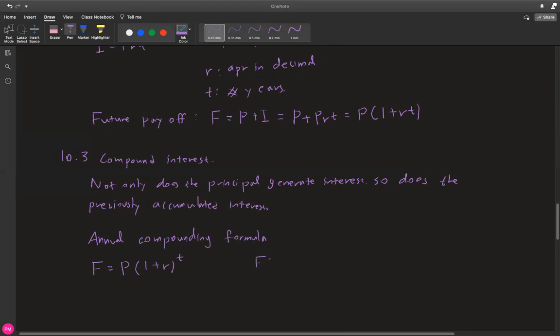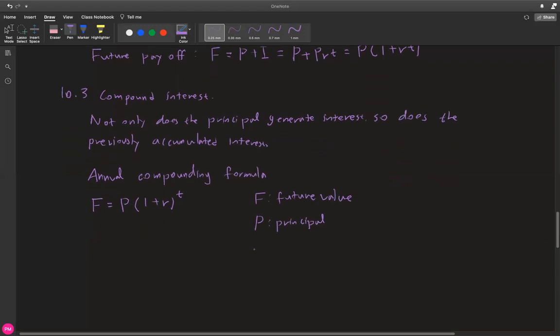Here, f is the future value, p is the principal, r is the APR in decimal, and t is the number of years.